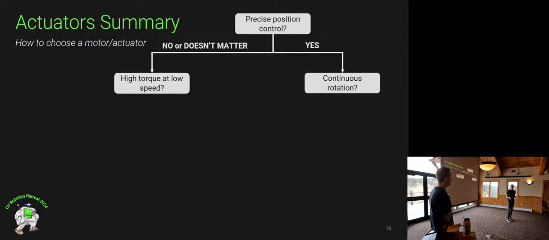But a piezoelectric actuator is not a motor because it just bends. I think actuators are basically anything that generates motion or movement in your design, and that can be motors, piezoelectrics, hydraulics. It can be really wide, like linear servos, things that move linearly, things that spin, any sort of thing like that I would call an actuator. So anything that moves you in the world is an actuator.